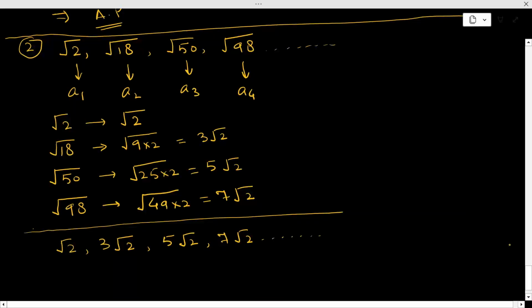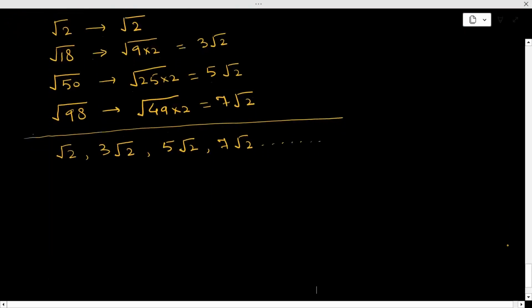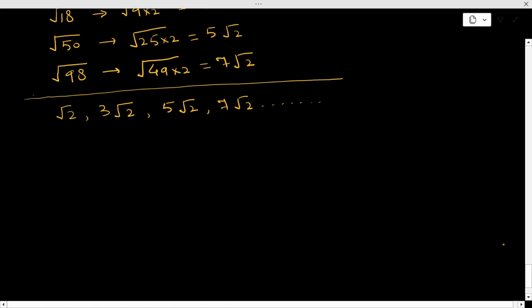Now to check whether this is forming an AP, the process is the same. We can mark this as A1, A2, A3, A4.